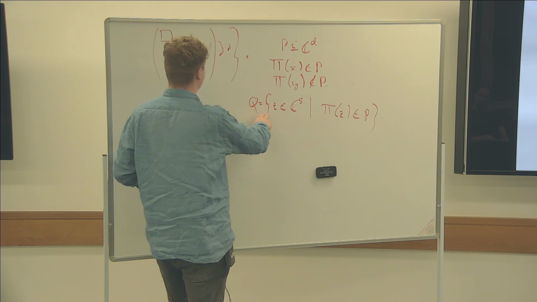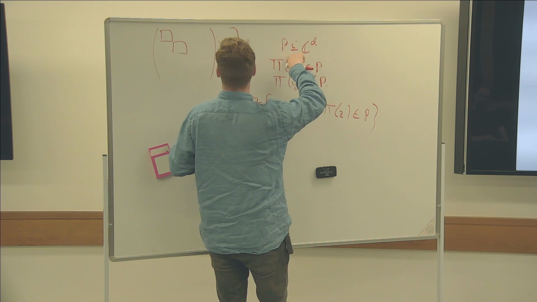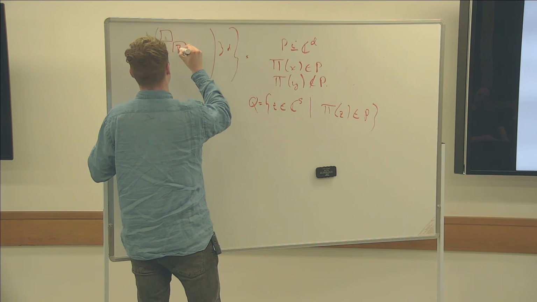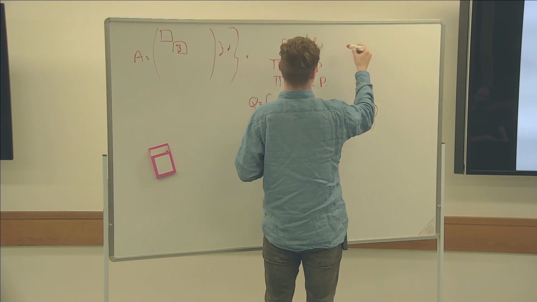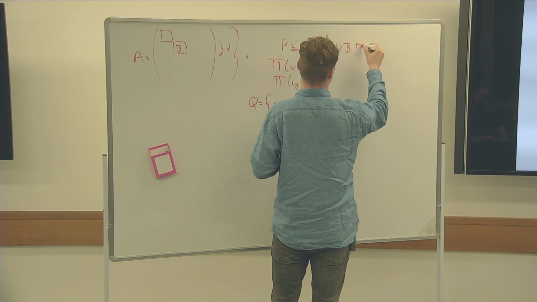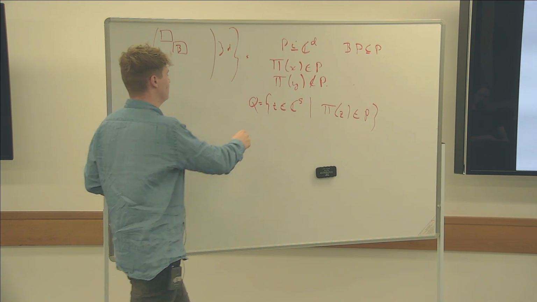So this is clearly invariant because, oh yeah, I didn't say, here we have block B, here we have matrix A. P is invariant for the block, so that means that BP is included in P, okay? So why is this invariant?